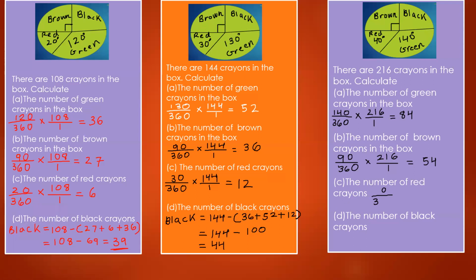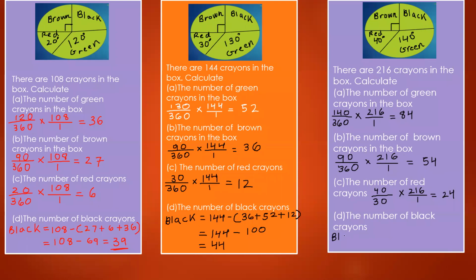Cross out the zeros from 40 over 360, and you're left with 4 over 36 times 216 over 1, which when you multiply it equals 864 over 36, and then the final answer, once you divide that, is 24. Anyone else got 24? Okay, good.